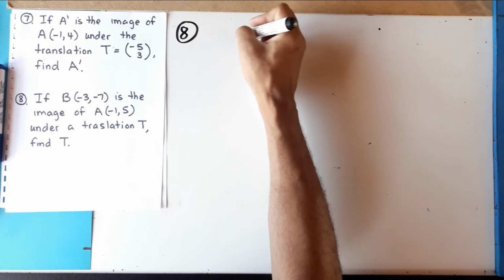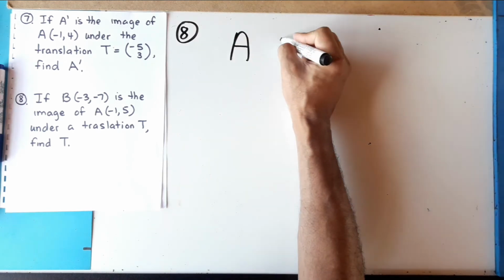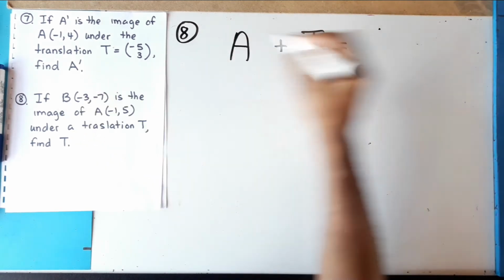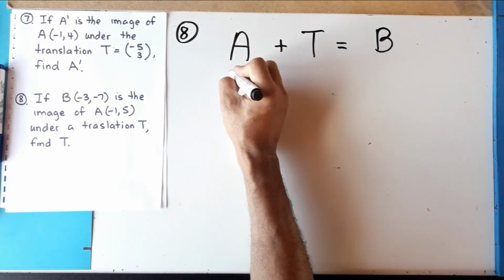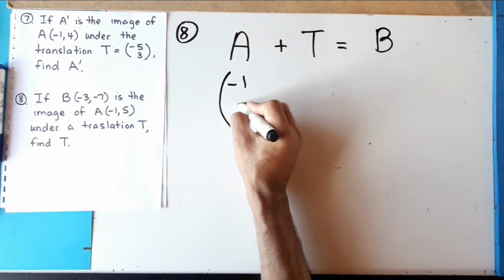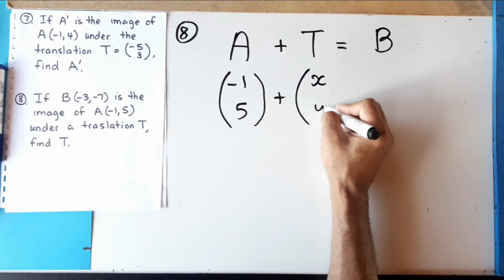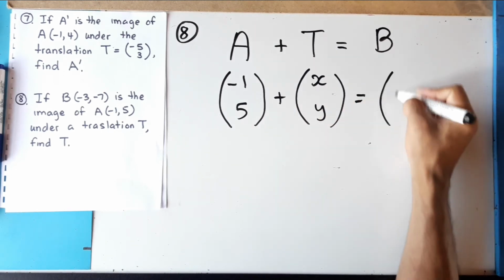So let's put it in just letters form. So you have A, you apply the translation, and that gives you B, right? So A is minus 1, 5. You are applying a certain translation which we don't know, and the image is B. In other words, we get B.